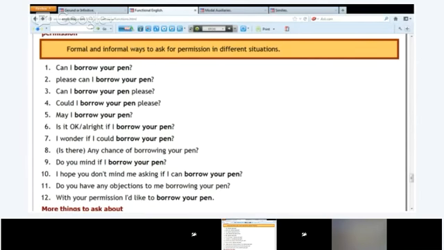For example, I learnt one for suggesting: if I were you. Who can make a suggestion with if I were you? If I were you, I wouldn't do it.